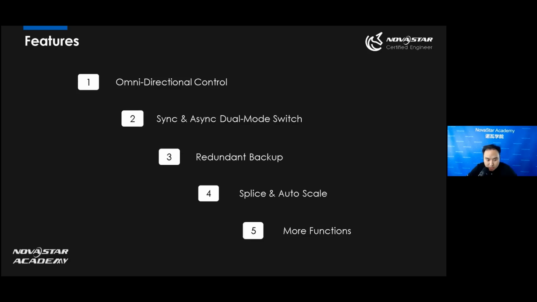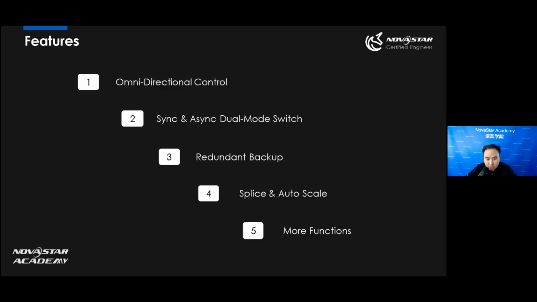The third one we call the redundancy backup. Actually, I would like to call it the automatic redundancy backup because it is different from the synchronous controllers such as the MCTRL600. If you would like to do the backup, you need to configure the redundancy table with NovaLCT on the sending card page.